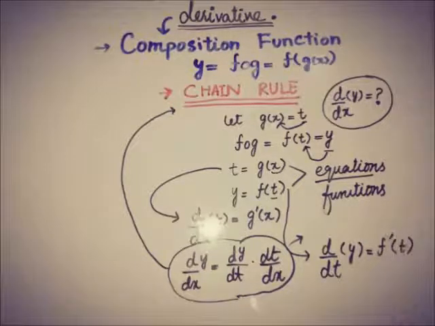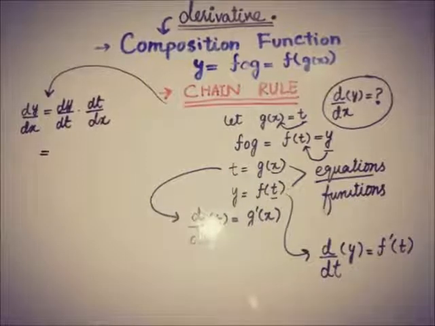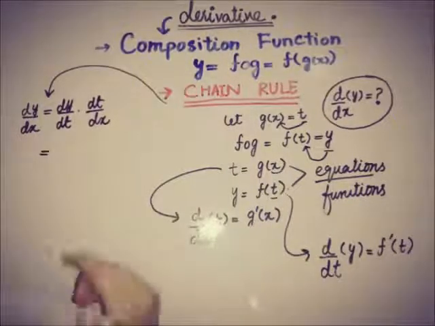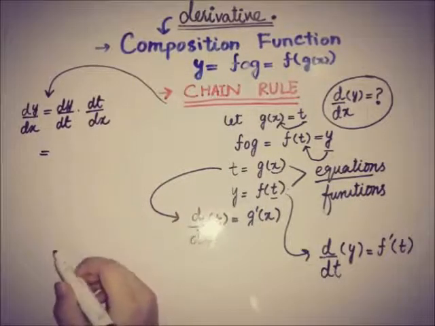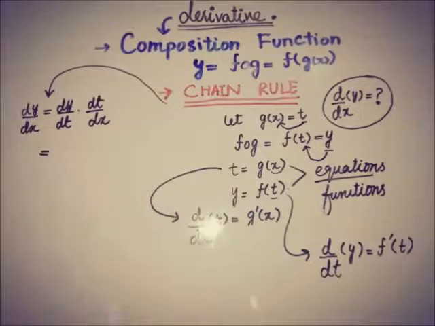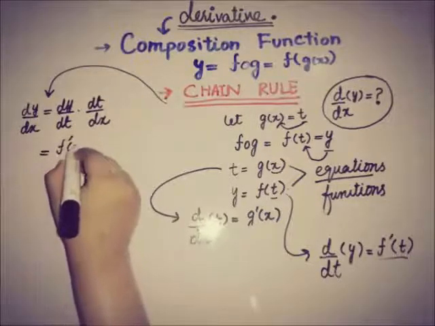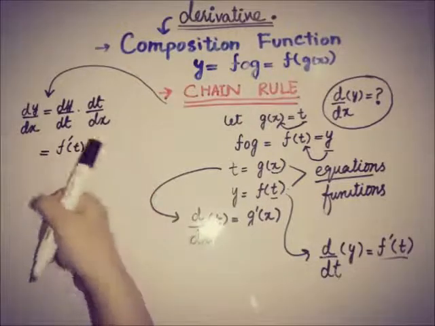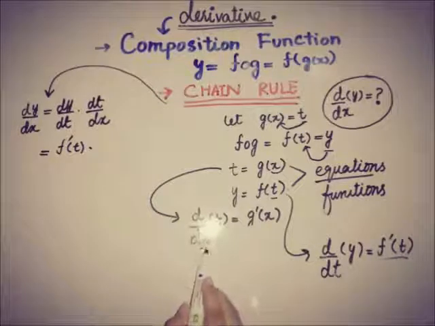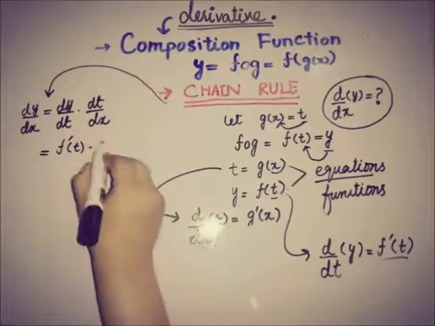So let's see. Now we have to put in the values in this equation. Dy by dt is equal to f dash of t, and dt by dx is g dash of x.